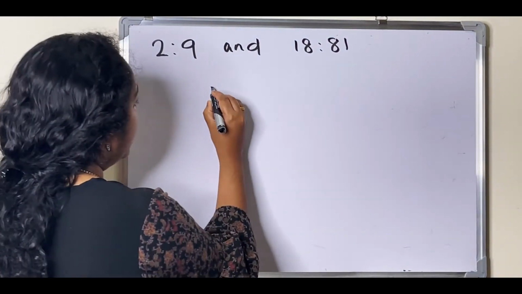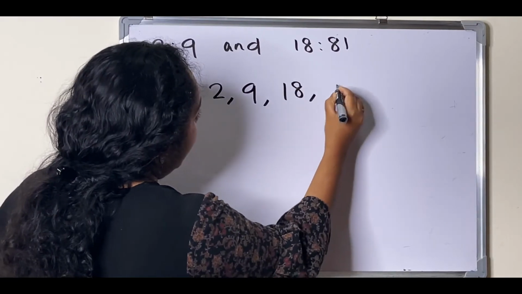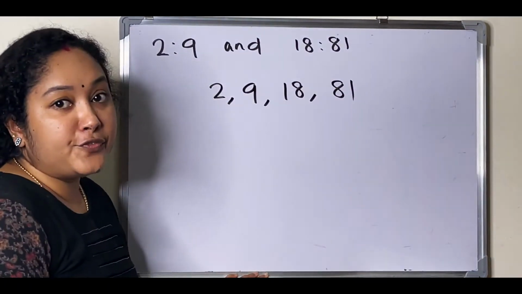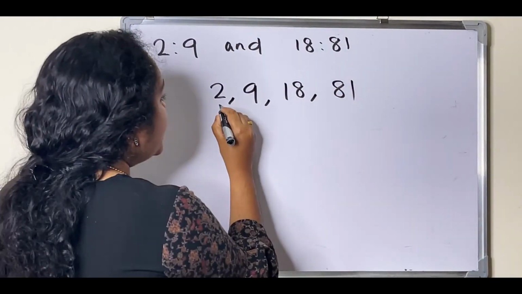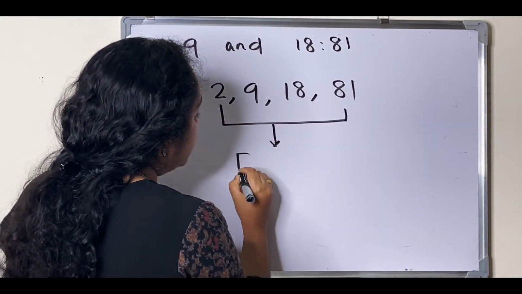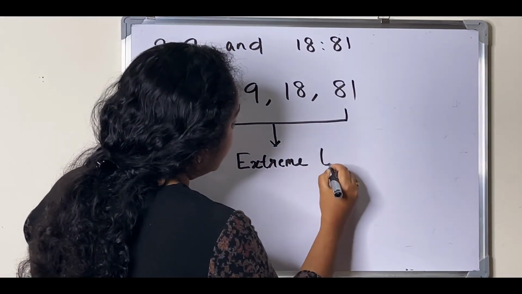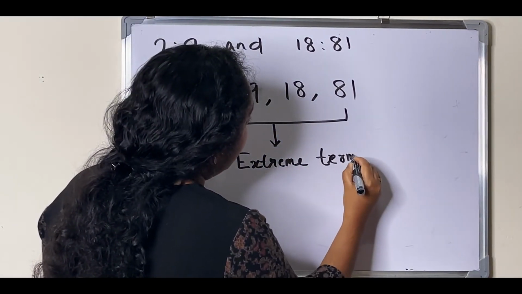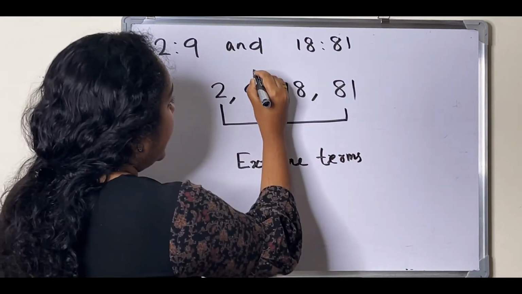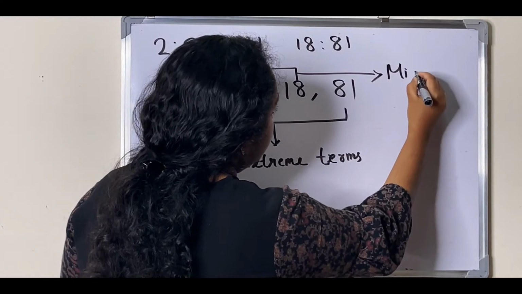So 2, 9, 18 and 81 are the four terms. In this, 2 and 81 are said to be extreme terms, and 9 and 18 are said to be middle terms.